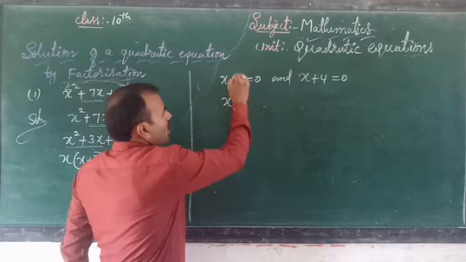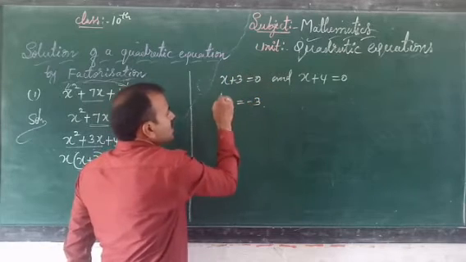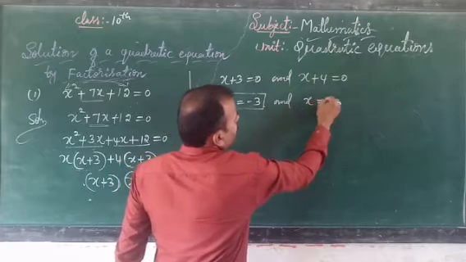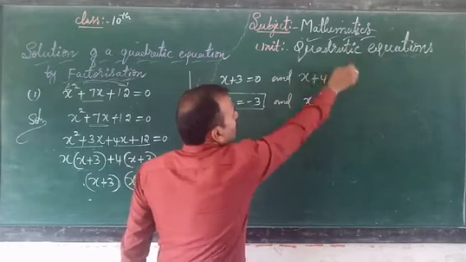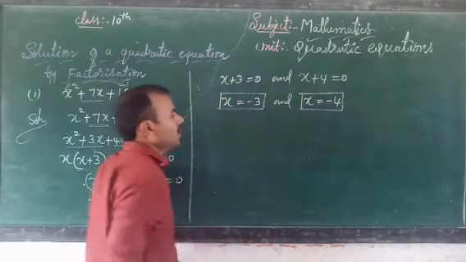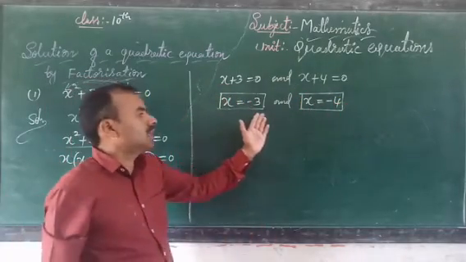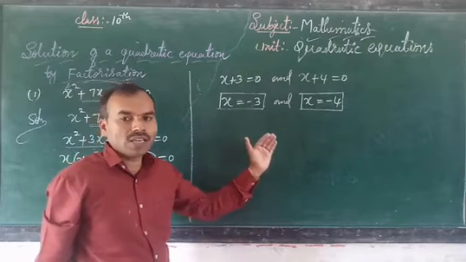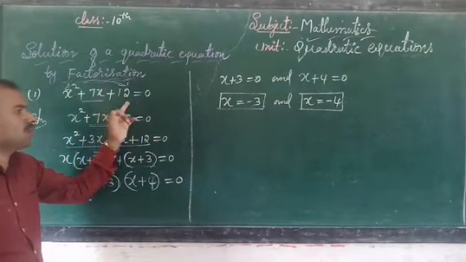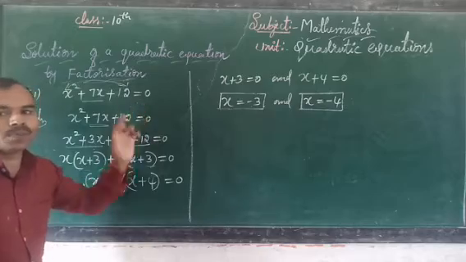Here x is equal to, transpose plus 3, it is minus 3 and x equals, transpose plus 4, it is minus 4. Therefore, these are the roots of the equation x square plus 7x plus 12 equals 0.